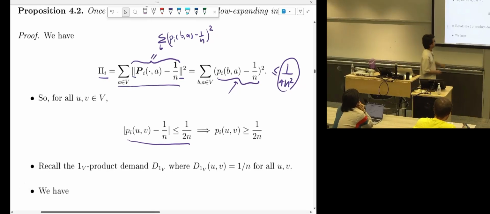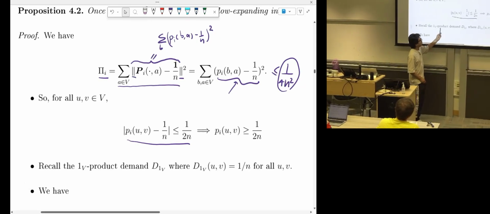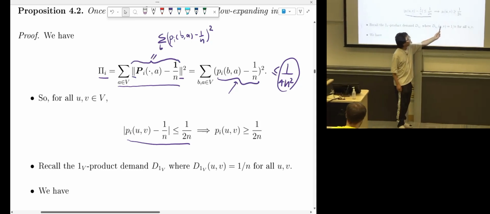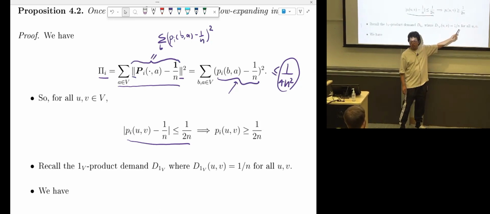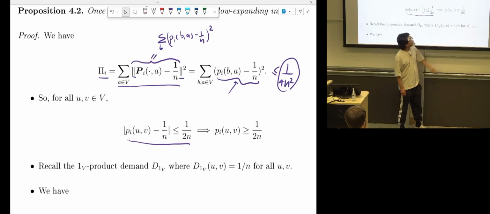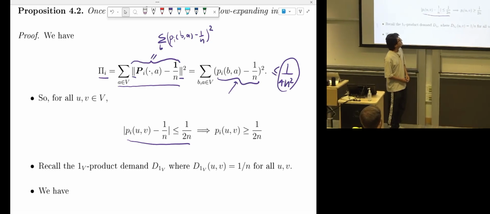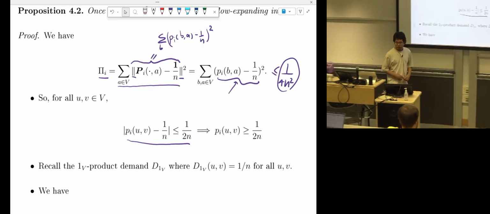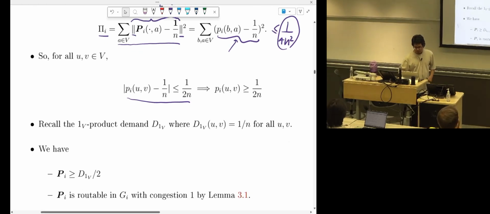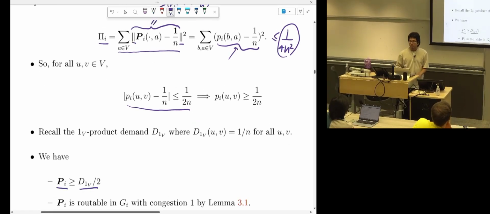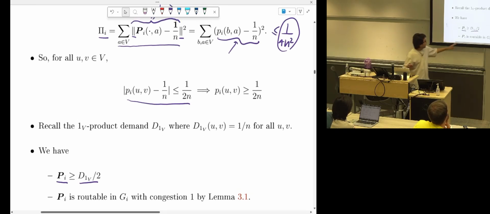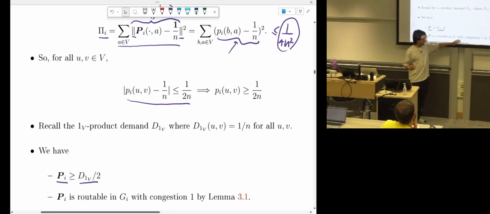And recall that the product demand of all 1 vectors is just the demand where everything is 1 over n. So it means that here PI is at least the product demand over 2. But PI can be routed in GI with congestion 1.